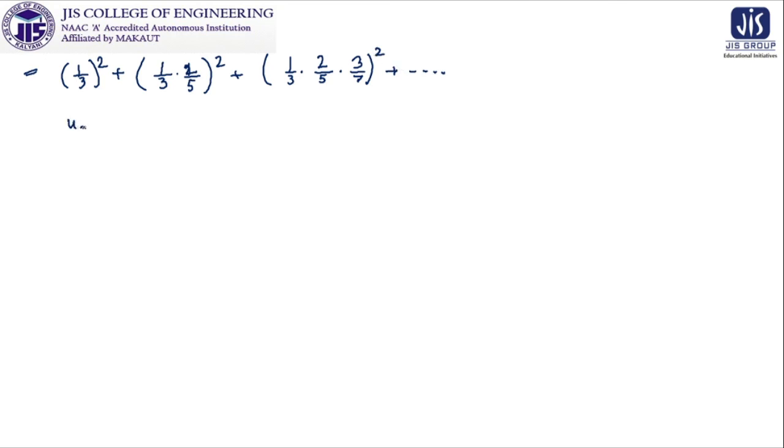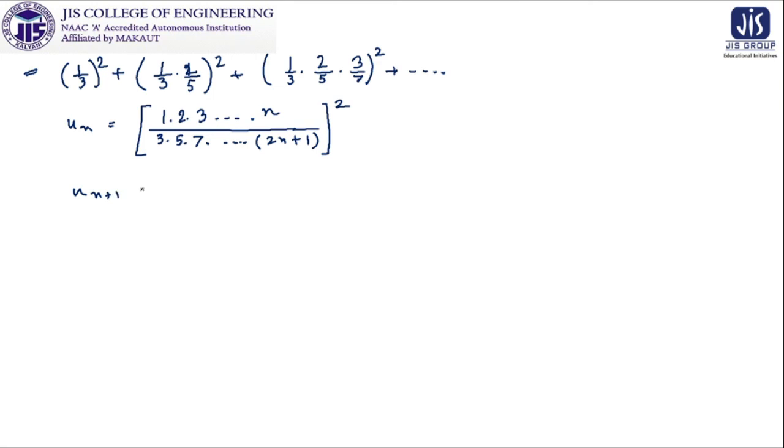So here our un will be 1 into 2 into 3 up to n by 3 into 5 into 7 up to 2n plus 1, whole square.